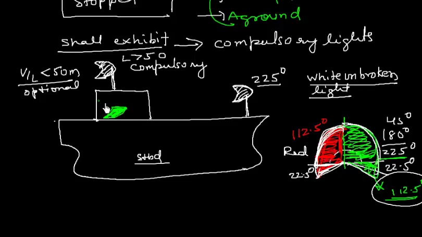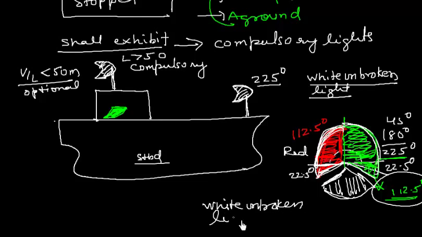Well, there is something called the stern light also. The remaining part is the stern light, and let me define this stern light. It is a white unbroken light over an arc of horizon of 135 degrees, and so fixed as to show the light 67.5 degrees on each side of the vessel.